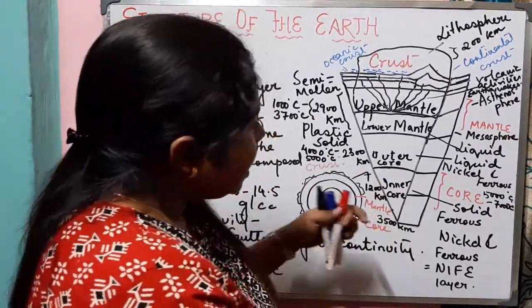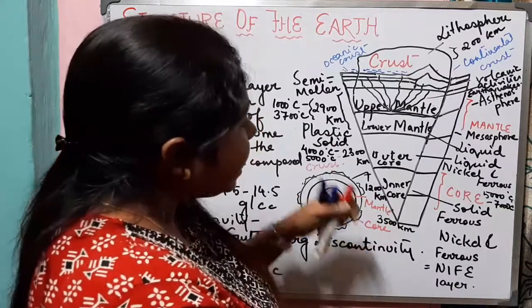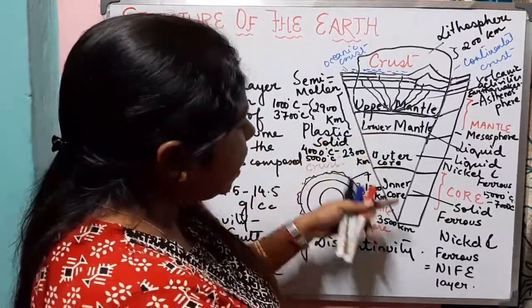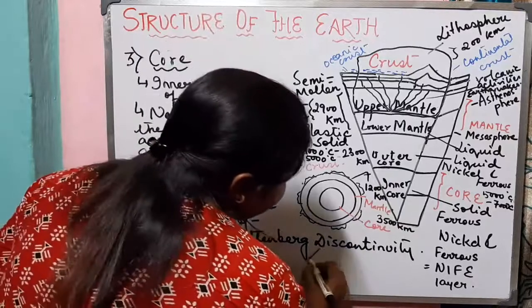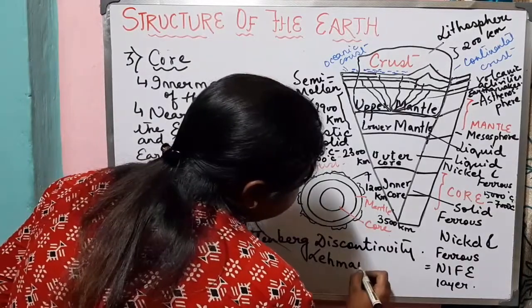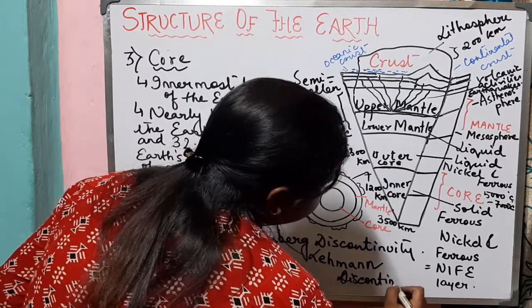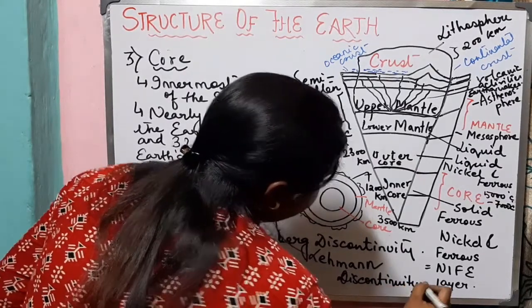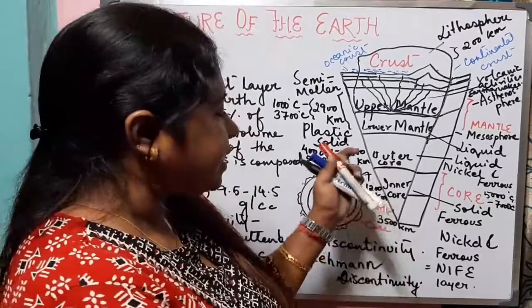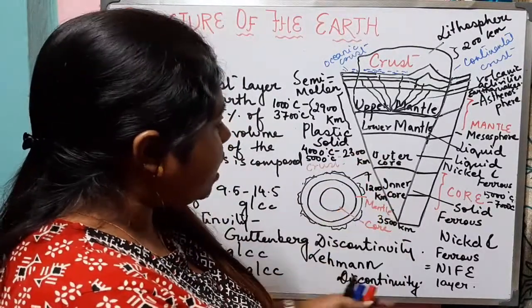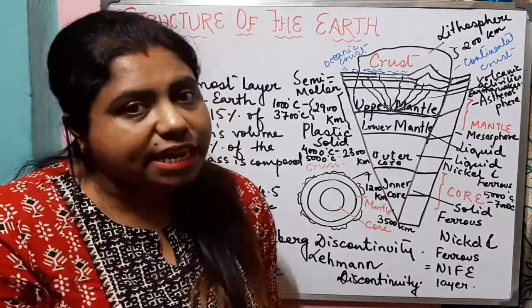Now, the discontinuity that separates the outer core from the inner core is known as the Lehmann discontinuity. So the discontinuity that separates the outer core from the inner core is the Lehmann discontinuity.